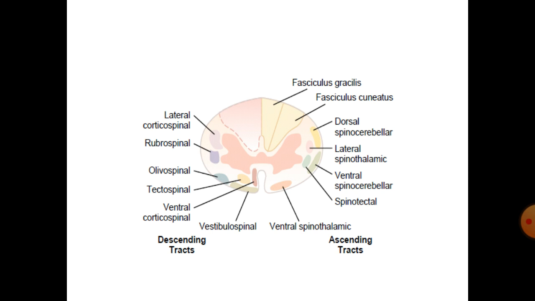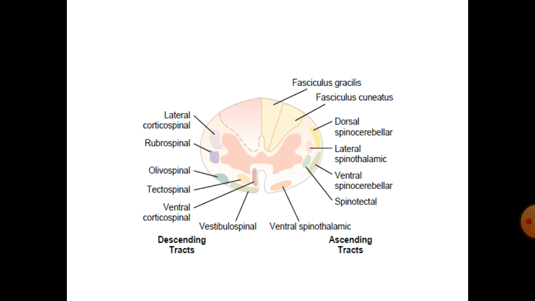Others you can see are again the descending tracts, that is the rubrospinal tract from the red nucleus to the spinal cord, the olivospinal tract from the olivary nucleus of the medulla to the spinal cord, the tectospinal tract from the tectum of the midbrain to the spinal cord, and then you can see the vestibulospinal tract in the very front on the ventral side.